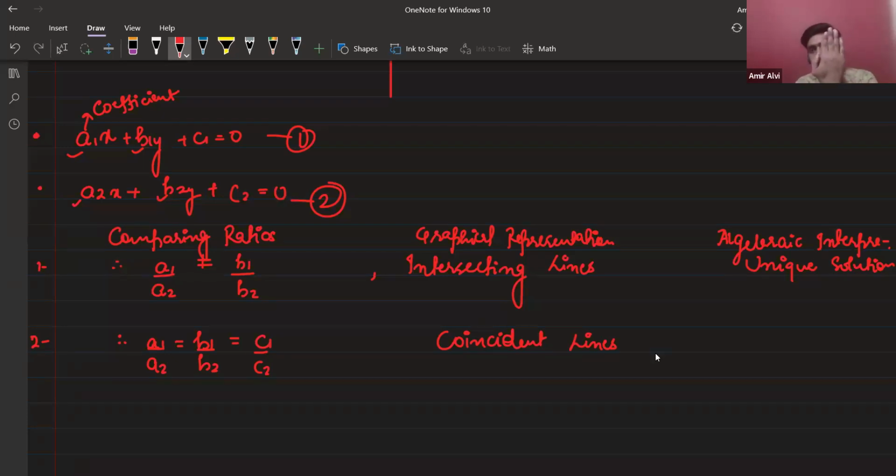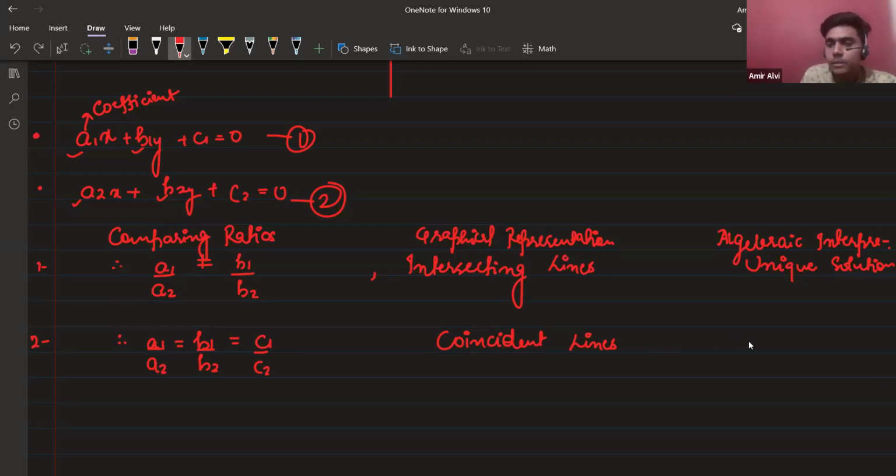This is the same kind of concept here. The line would be the same, only the multiple of the coefficients would be different. Suppose this is multiplied by 2. If you divide them, all of the terms will have the same ratio.